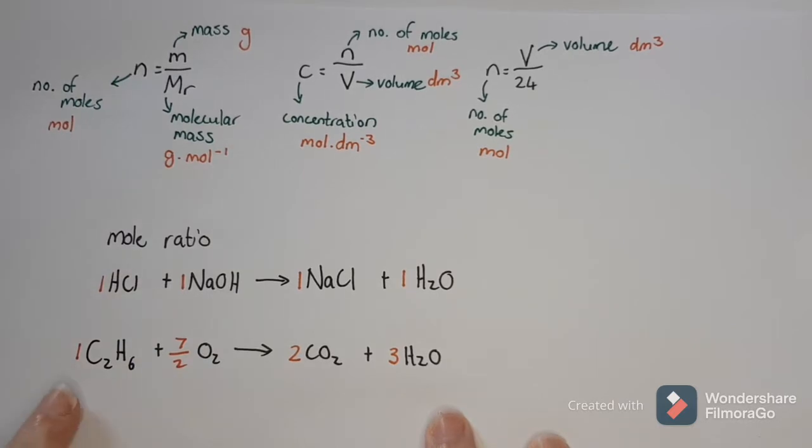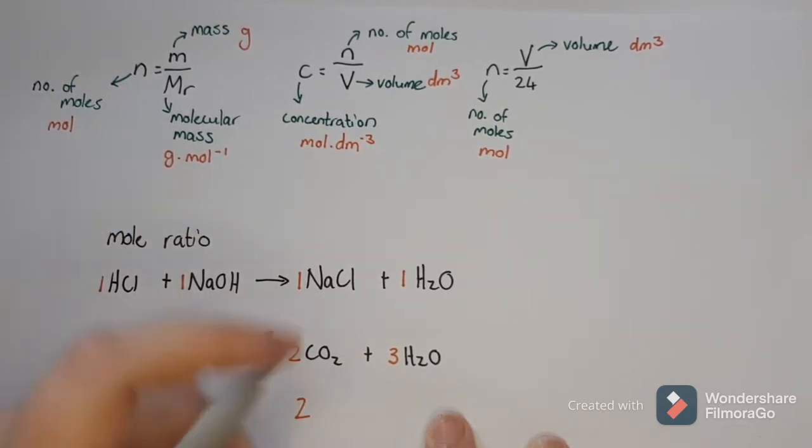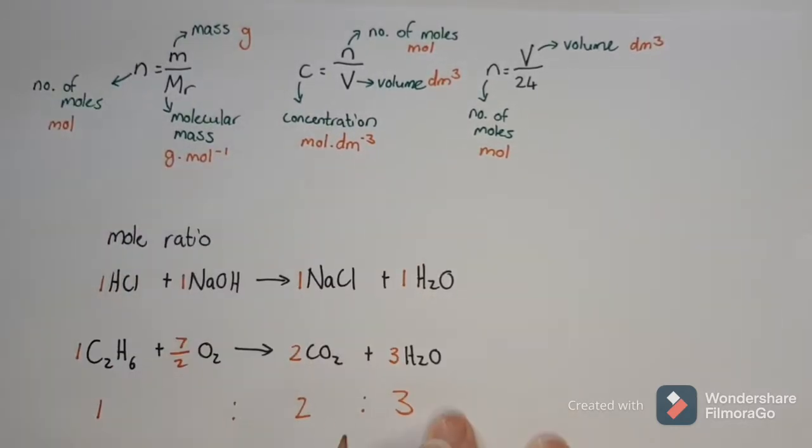So now I've got different numbers. This is the same as saying 1. So now I have a ratio of 1 to 7 over 2 to 2 to 3. So it means for every 1 mole of this I use, I make 3 moles of that. For every 1 mole of that I use, I make 2 moles of that. So the ratio would be 1 to 2, or 1 to 3.